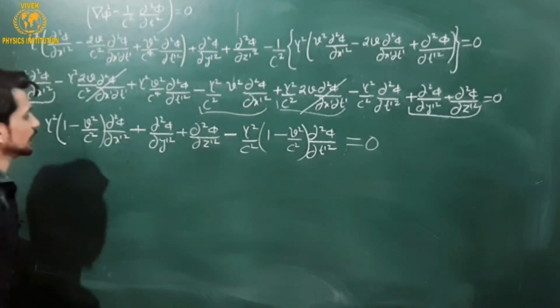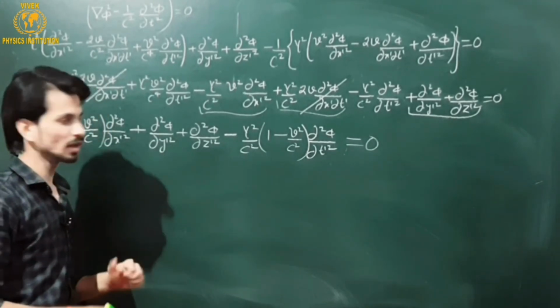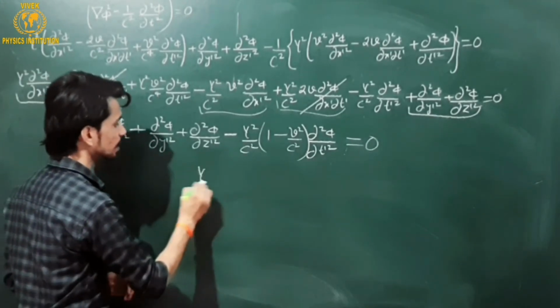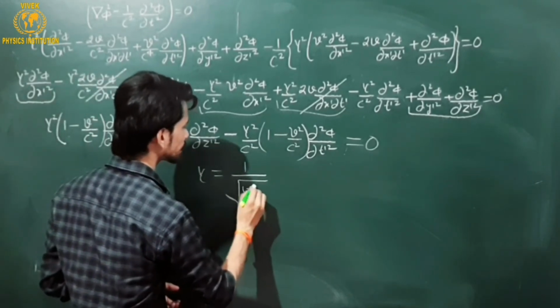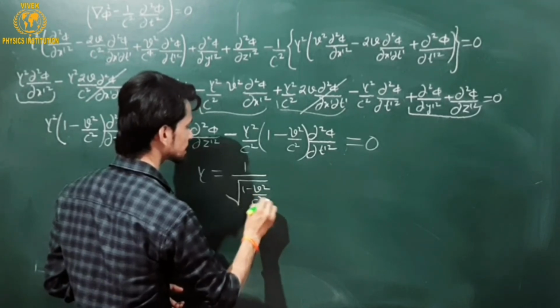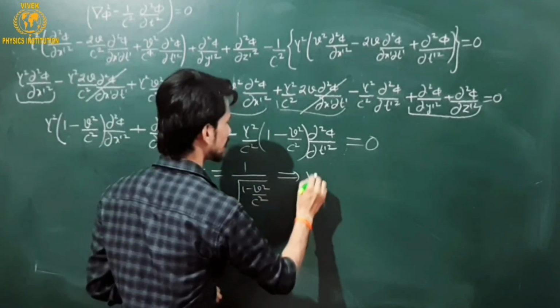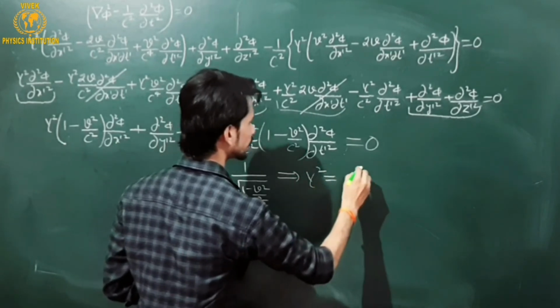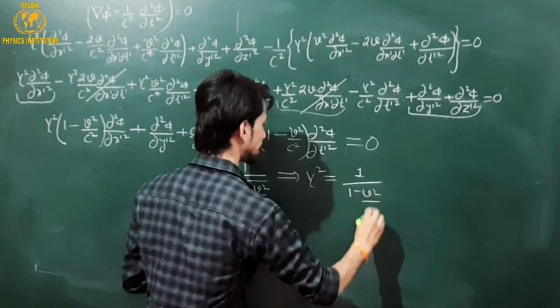Now as I have written in the initial part of this video, gamma is nothing but 1 upon under root 1 minus b square upon c square. If I take the square of gamma, I will get gamma square as 1 upon 1 minus b square upon c square.